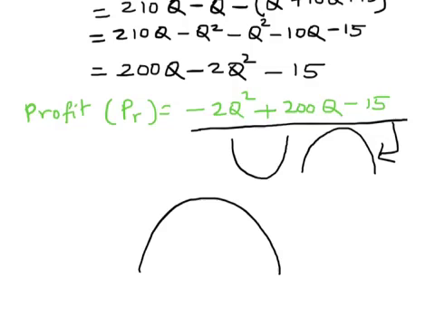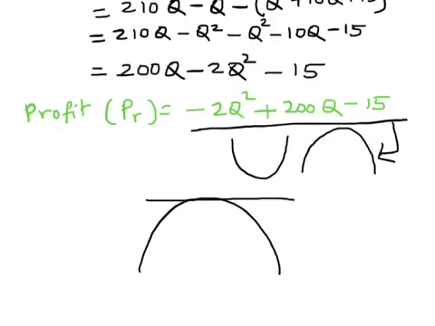So this is the profit function. The profit keeps on increasing, reaches a maximum, and then decreases. So at this highest point, the profit is maximum.